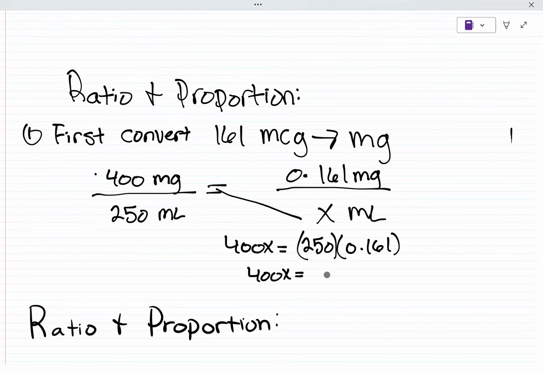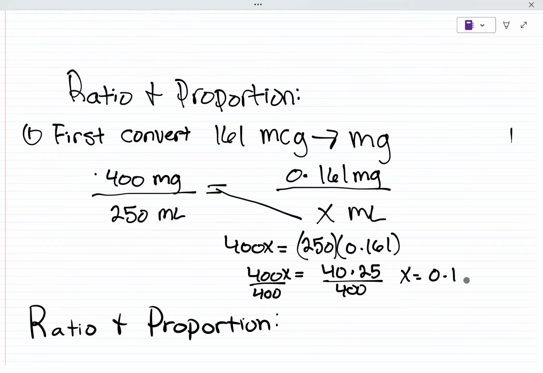So what's 250 times 0.161? That's going to be 40.25, divided by 400, and you get 0.100625 milliliters. Do not round this because we round at the very end.